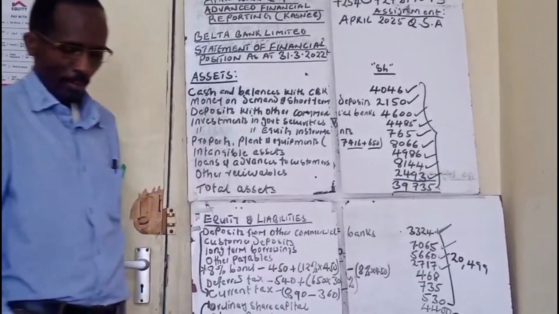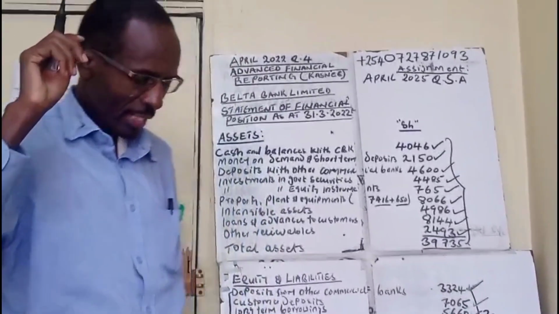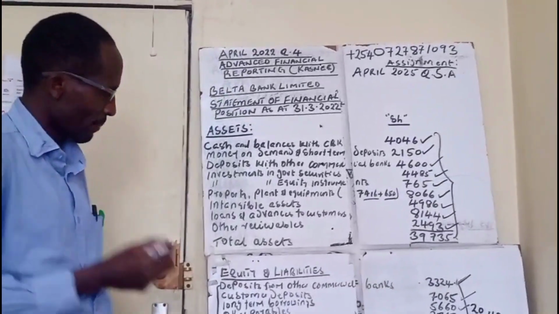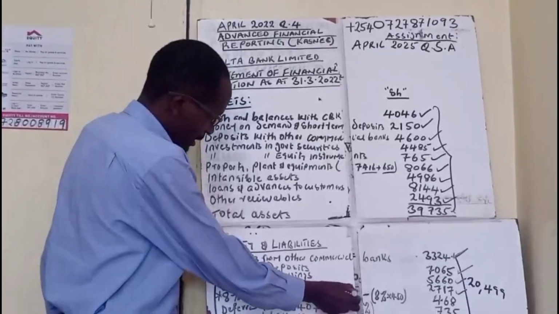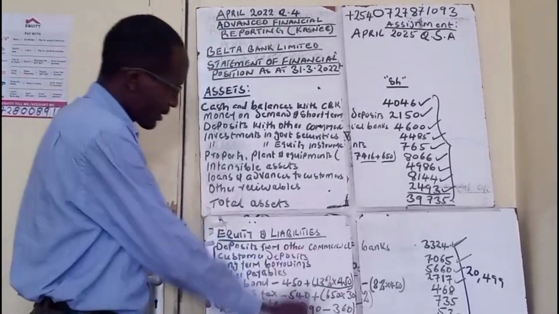If you look at our last video, where we did the income statement, you find how we calculated interest there. We took 12% of 450, but here, see what we have done.